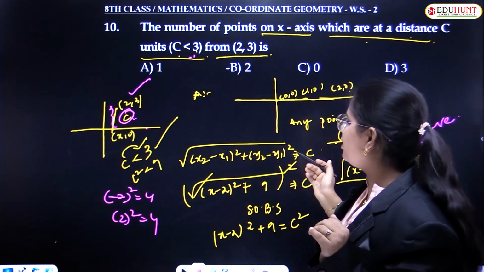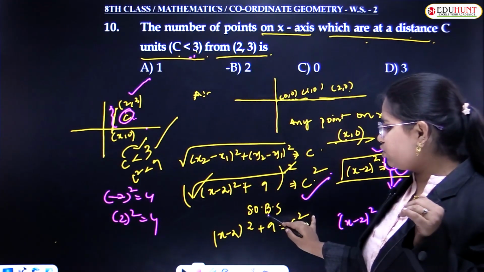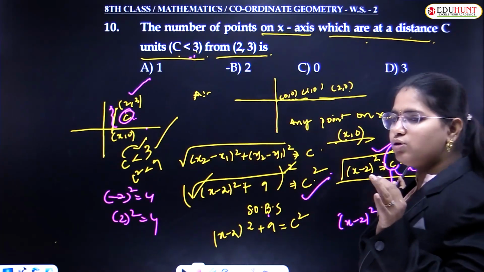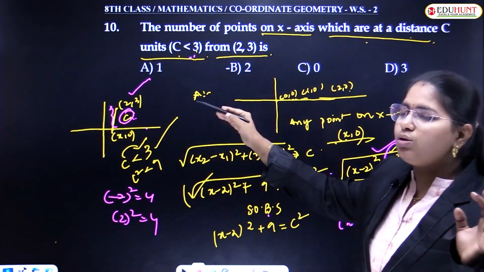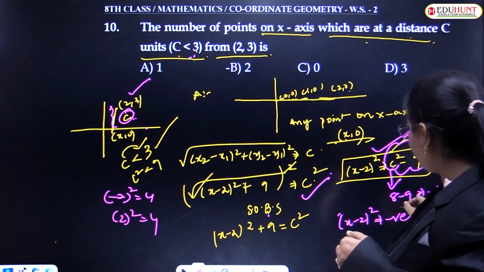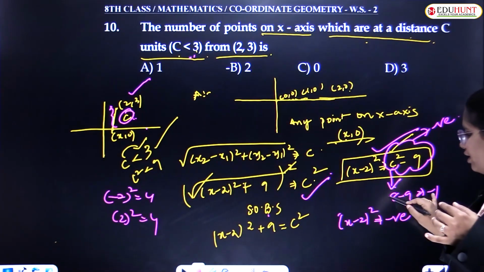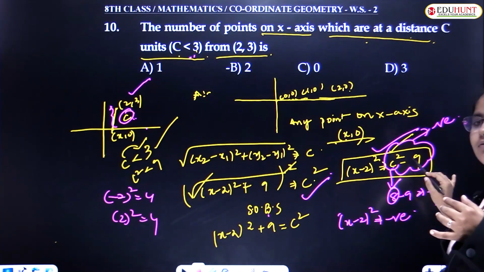So I just calculated the distance formula. I got this, squaring on both sides, transformed 9 to that side. So c value less than 3 means c square value is less than 9. I have verified here. Less than 9, I have taken 8. 8 minus 9 is a negative number.